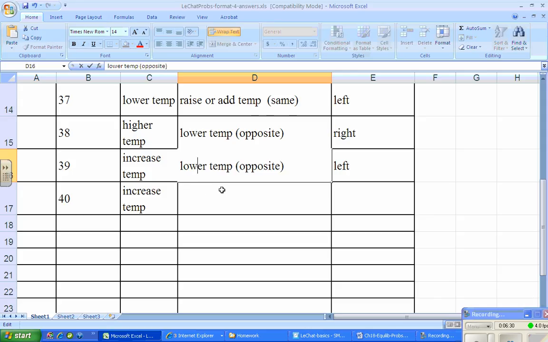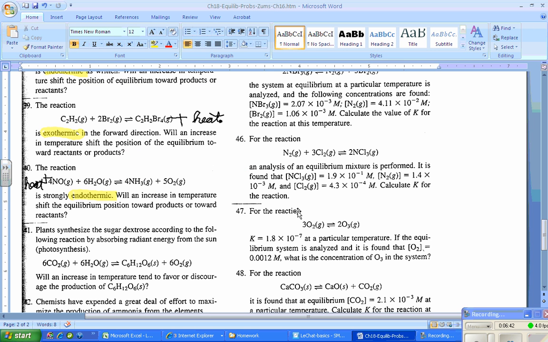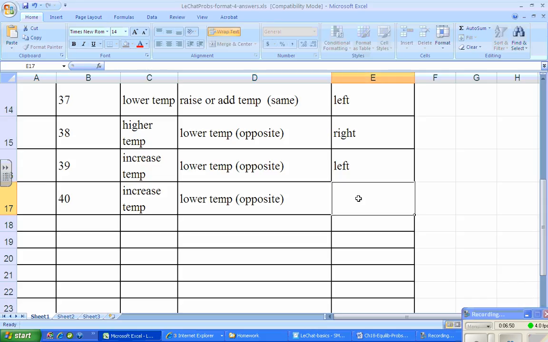And that same thing is going to happen down here. We're going to lower the temperature, which will make it go to the opposite, just like it did up here. Now the only question is, what side are we on? So the heat is on the left, and opposite would be to the right. And that is our shift.